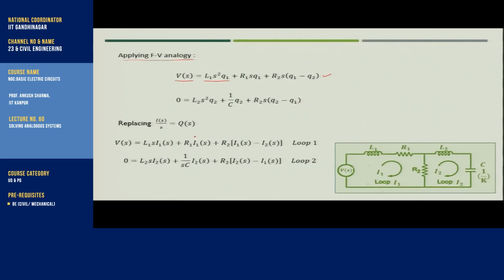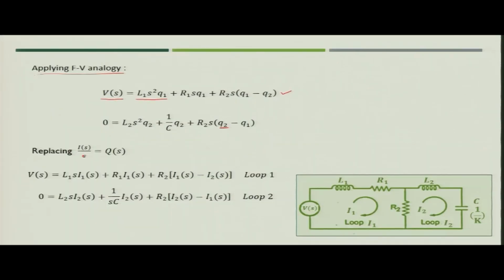Now, let us replace the charge Q with I by S, and rearrange these two equations. What we can now write: Vs is equal to L1 S I1, since S Q1 will be converted into I1.